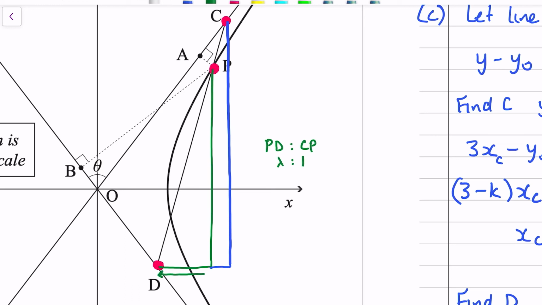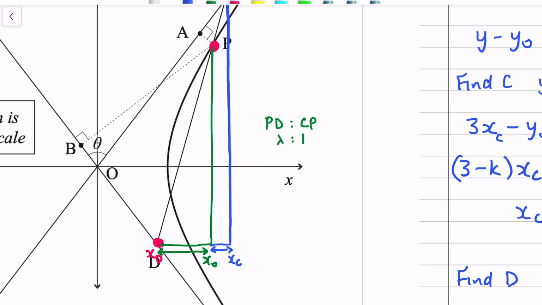This one here to this one here will be in a ratio of lambda to 1. So if this is x0, and this one here is xd, and this one here is xc, I can find x0 by taking xd, adding lambda over lambda plus 1, which is the fraction along this line that we go, times the distance between xc and xd.